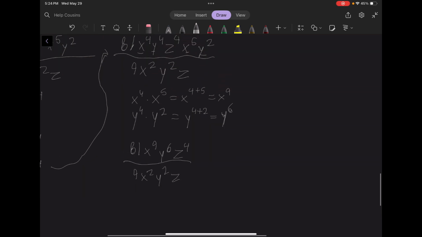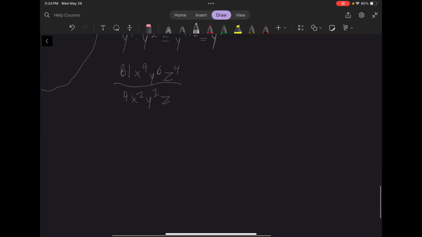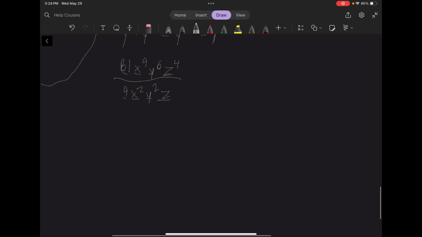And then we're going to divide common base factors. So we have the x's, the y's, the z's, and of course just our numbers. 81 divided by 9 is going to be 9. x to the 9 over x squared is going to be x to the 9 minus 2, which is x to the 7.